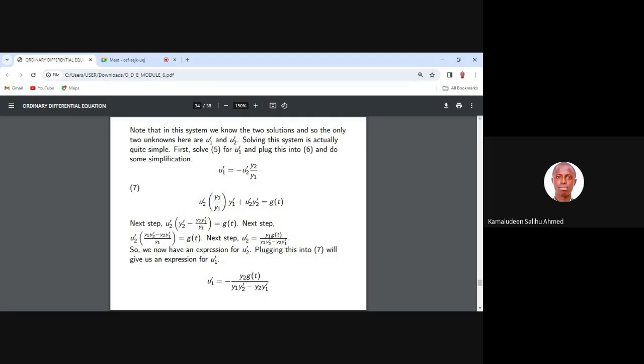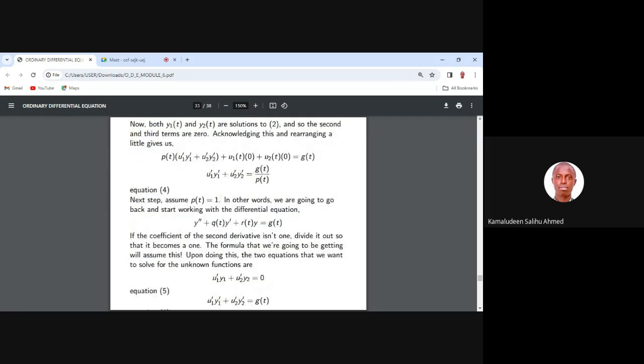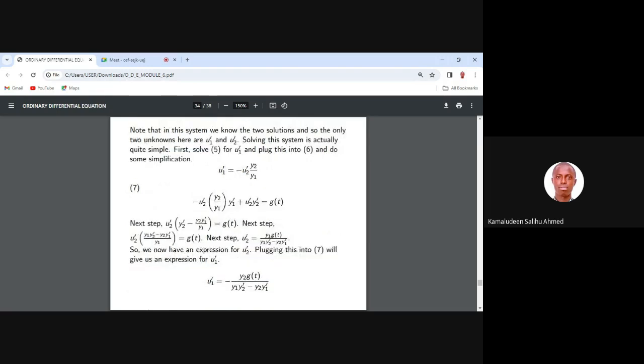We know the two solutions, and the only two unknowns here are u1 prime and u2 prime. Solving this is actually quite simple. First, solve equation 5, which is the down expression, and plug this into equation 6 and do some simplification.